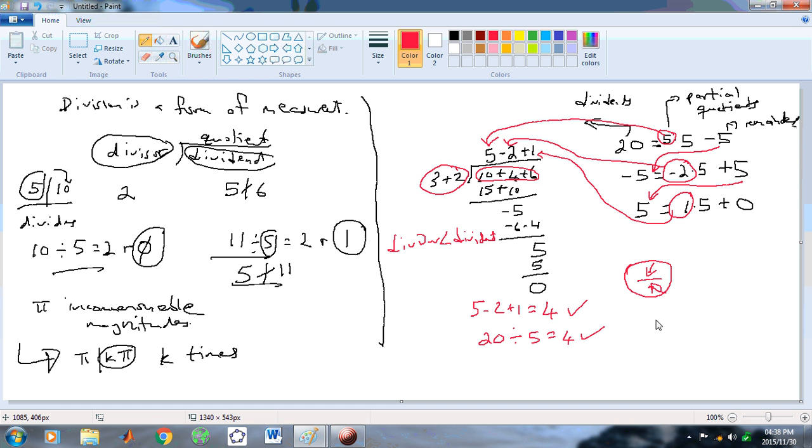So if we have, let's say, 3 divided by 7, then all we do is put the 3 there and the 7 there, because algebraic division is not possible. Only geometric division is possible. In other words, you can take any line you like and divide it into exactly n lengths, just using a compass and a straight edge.